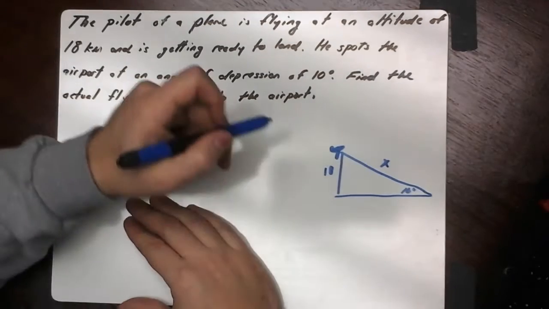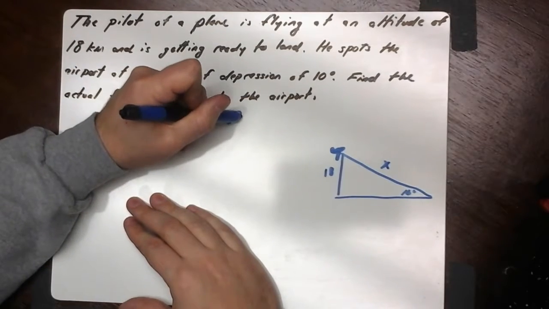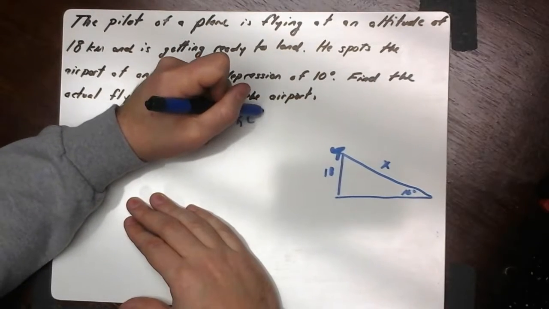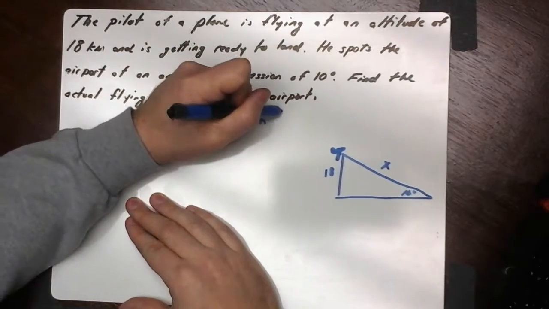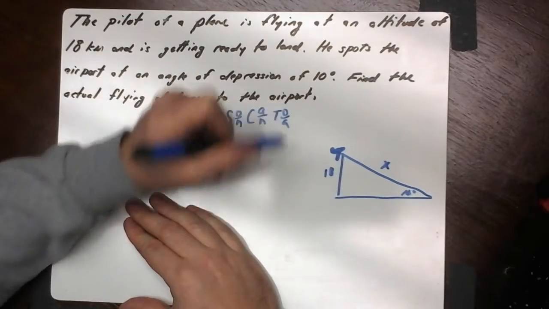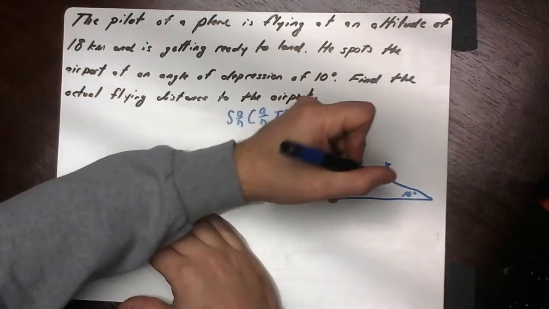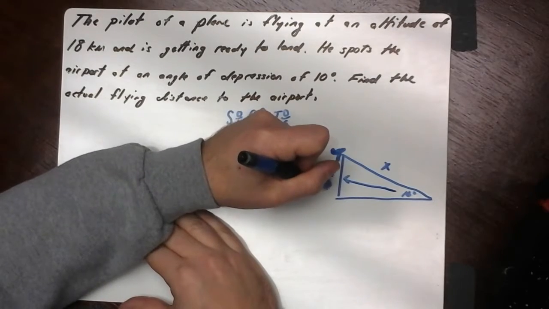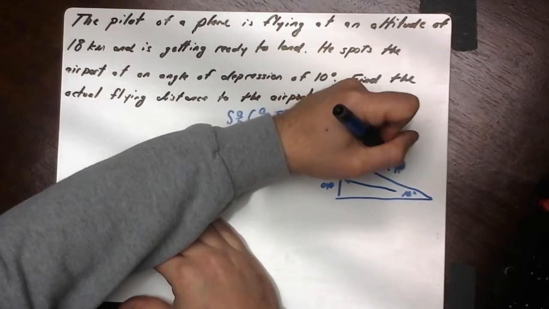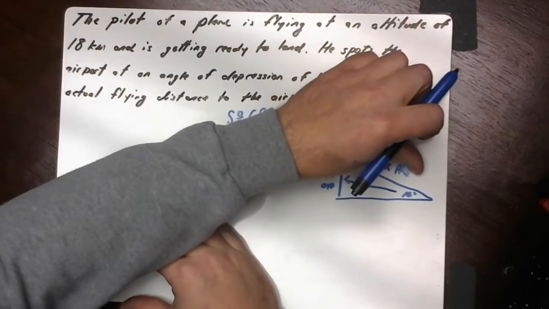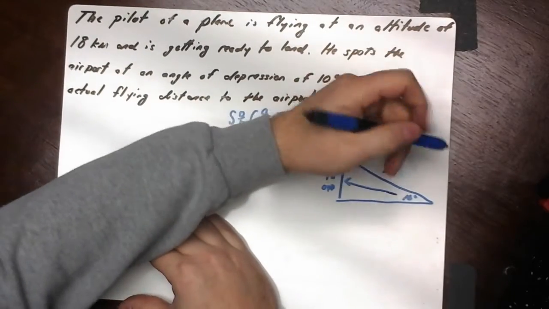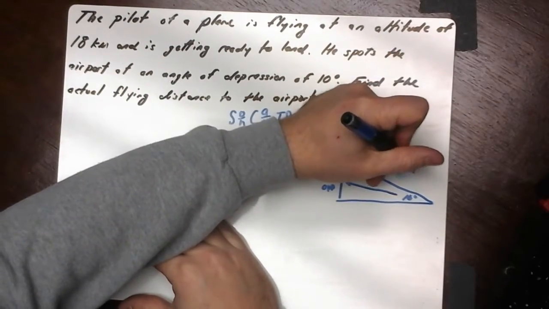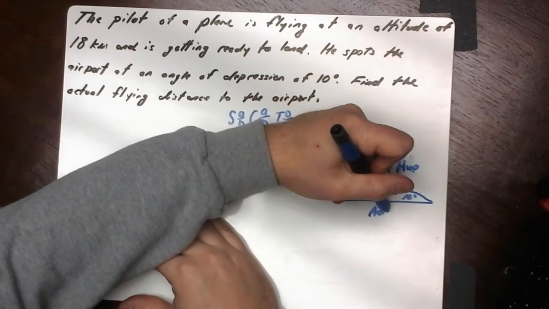Alright, so I'm going to take a look at SOHCAHTOA. I'm going to label. So that's my opposite, and that's my adjacent. Ooh, look at the mistake I almost made. That's hypotenuse, and that's adjacent.